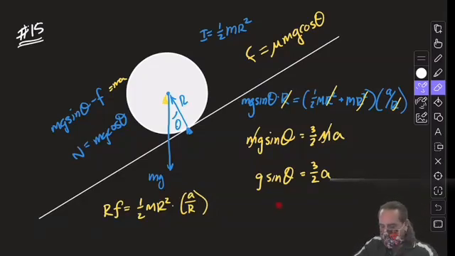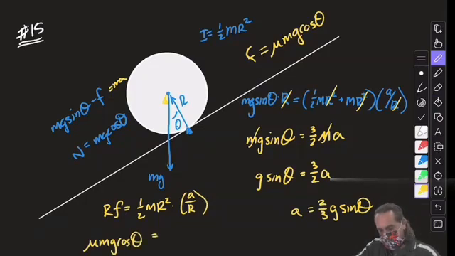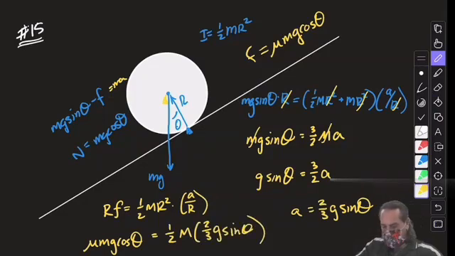We know that A is going to be 2/3 g sine theta. F is going to be mu mg cosine theta. The R's cancel and I get 1/2 m times 2/3 g sine theta. There, all of that.